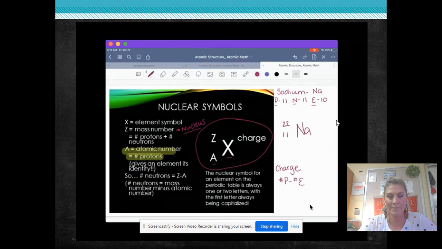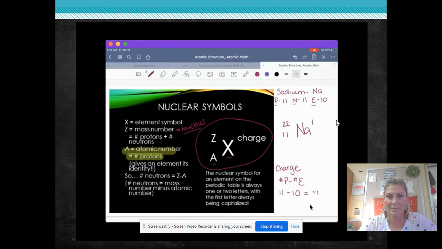So in this case, if you look for charge on this sodium atom, there are 11 plus charges in the nucleus, and there are only 10 negative charges in the electron cloud. So what happens is it gives this atom an overall positive +1 charge. So I can write it like this. Now, sometimes you will see when we write charges, especially when it's a 1, that 1 is understood.